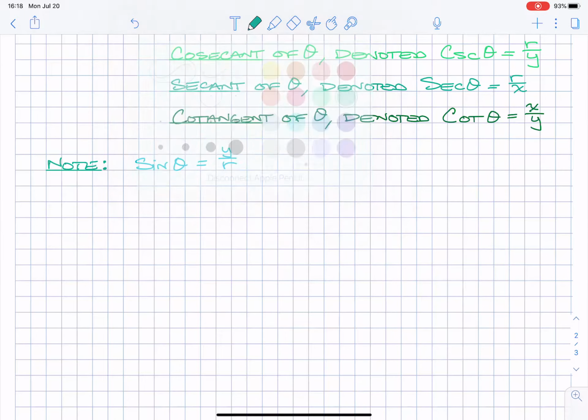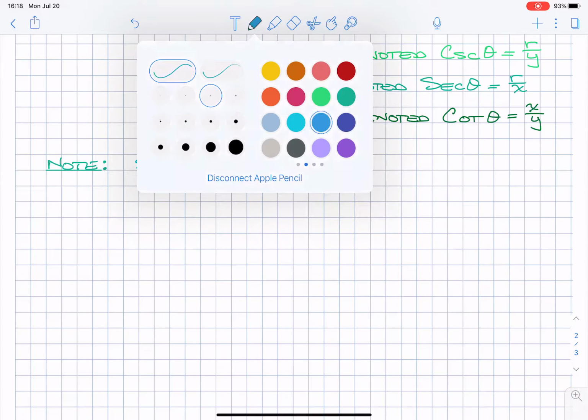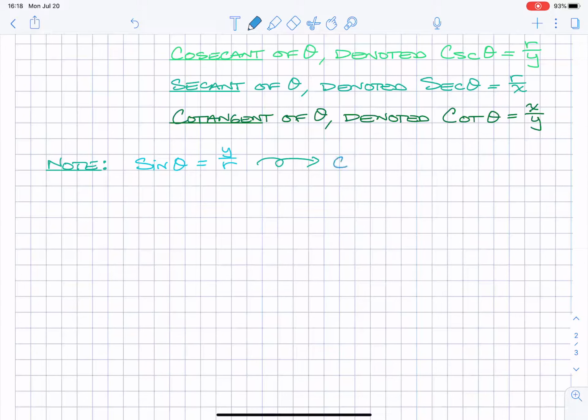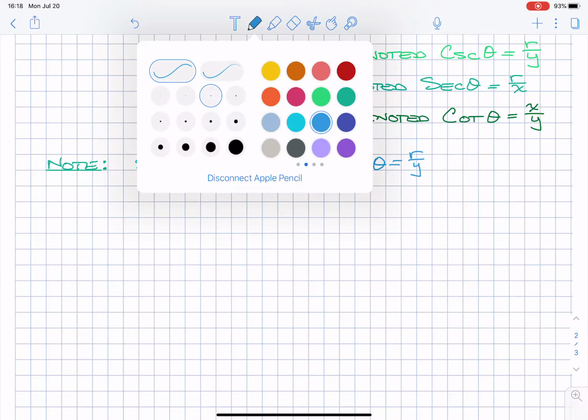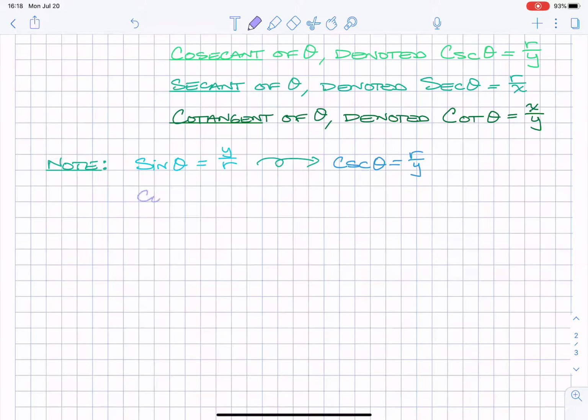But when I flip that upside down, I got cosecant of theta being r over y. Let me do purple for cosine. So cosine of theta we had given as x over r. But when I flip that upside down, I get secant of theta is r over x.